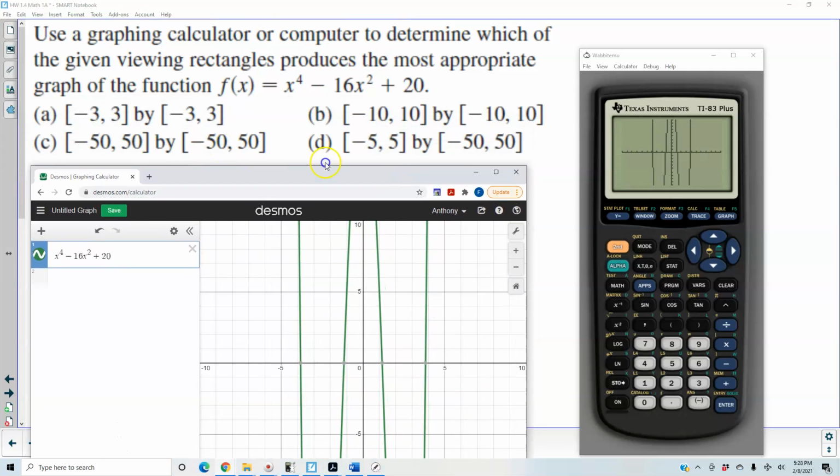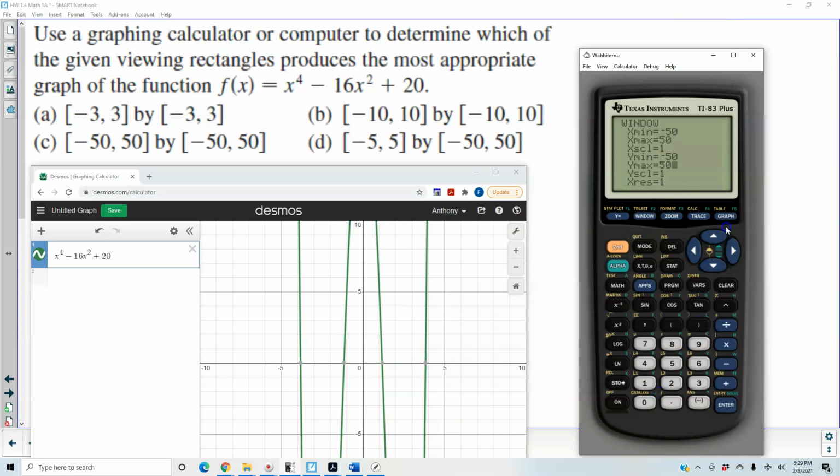Okay, now let's take a look at part C. Again, let's change the window to negative 50, positive 50, negative 50, and positive 50.